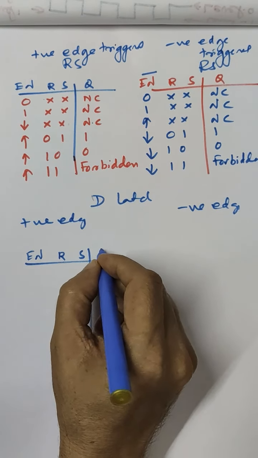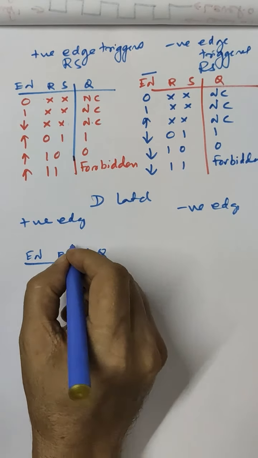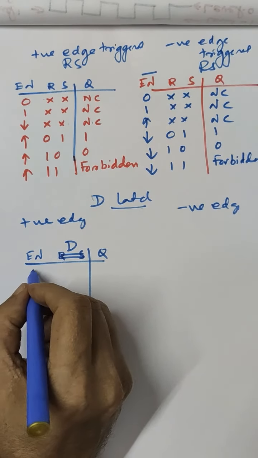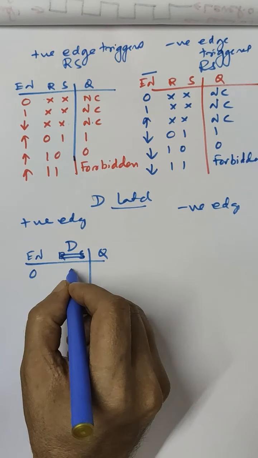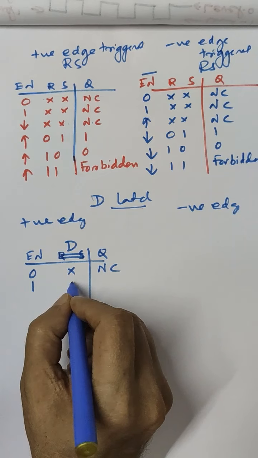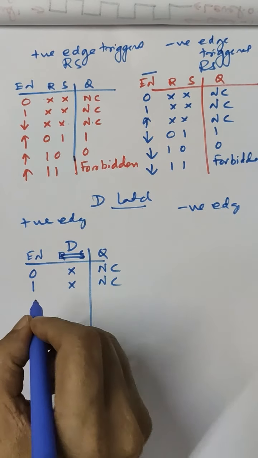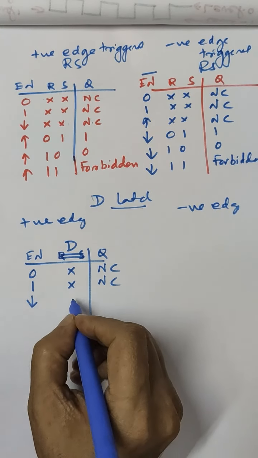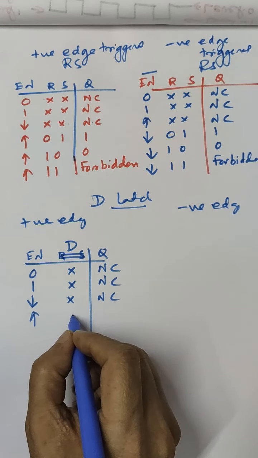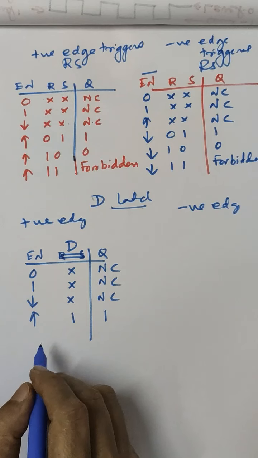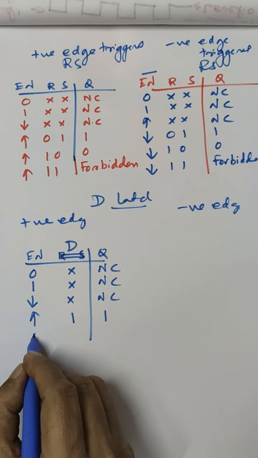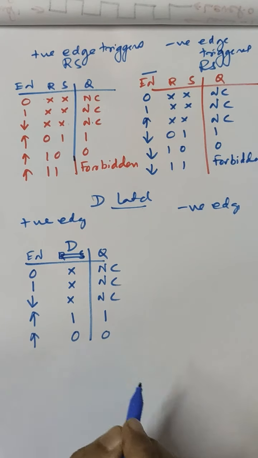In this case we need only D. For the D latch, 0 X no change, 1 X no change, negative edge X no change, but for a positive edge, the output becomes 1 for D equal to 1, and output becomes 0 when D equal to 0.